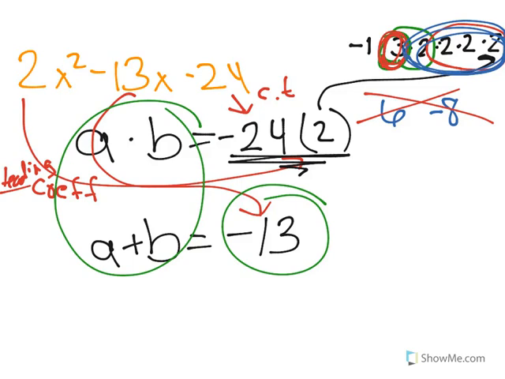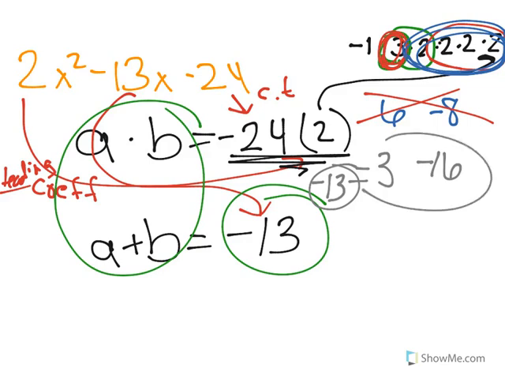If we do that, we get 3 and 16, and the bigger of the two is 16, so we make that negative. If we add these two together, we get negative 13. Of course, you could keep going and list all of them in your own pattern, so you don't get confused about what you already checked. But in this case, we reached the answer pretty quickly, and so we have found our a and our b.